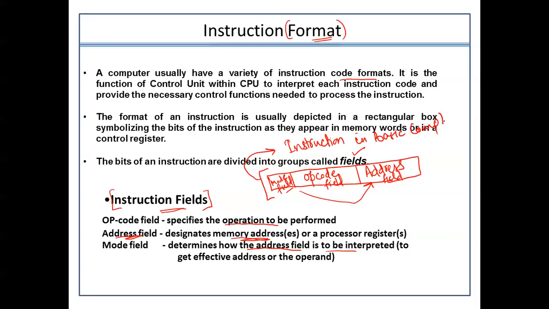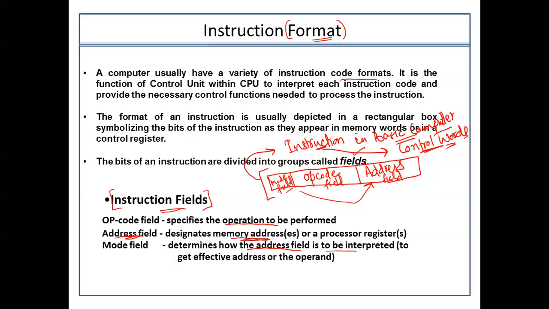Now, as we have already learned about the general register organization, I want to make clear that in the general register organization we use a set of control words, which work the same way as an instruction. This control word is also specified in these fields only, meaning these fields remain the same.